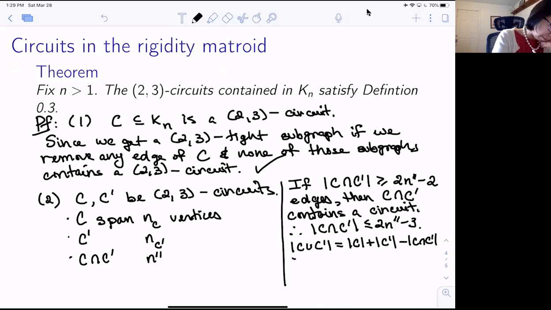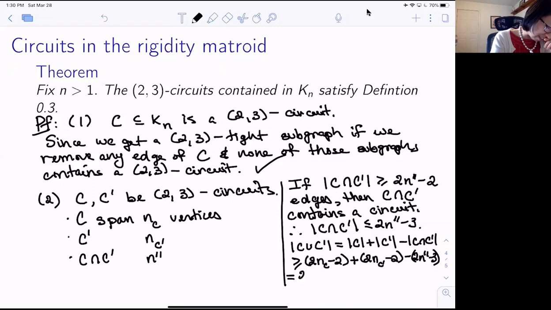So now we're going to get a lower bound. Because C is a circuit, I know it has 2nC minus 2 edges. Because C prime is a circuit, I know it has 2nC prime minus 2 edges. And I know that the intersection has less than or equal to 2n double prime minus 3 edges, so I'm going to put 2n double prime minus 3 here. Okay, so I get that inequality. And I'm going to collect all my n's together.